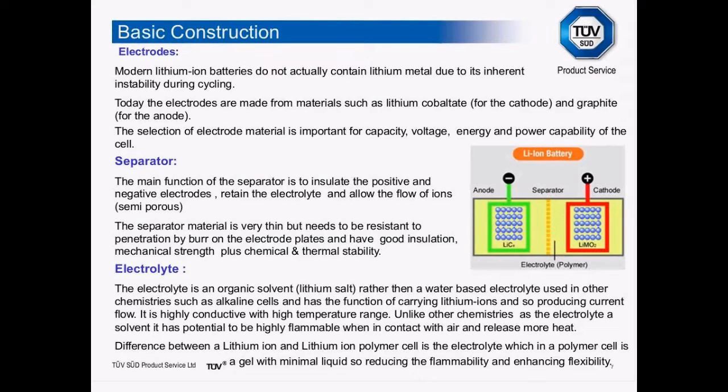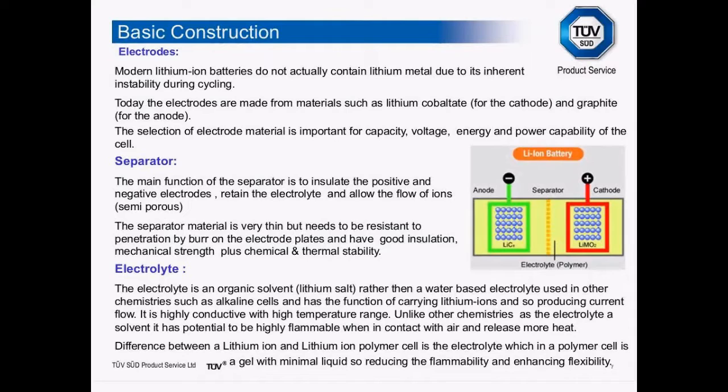The cell consists of three main parts, which are the electrode, the separator, and the electrolyte. The electrode in modern lithium-ion cells does not actually contain lithium metal due to instability during cycling.